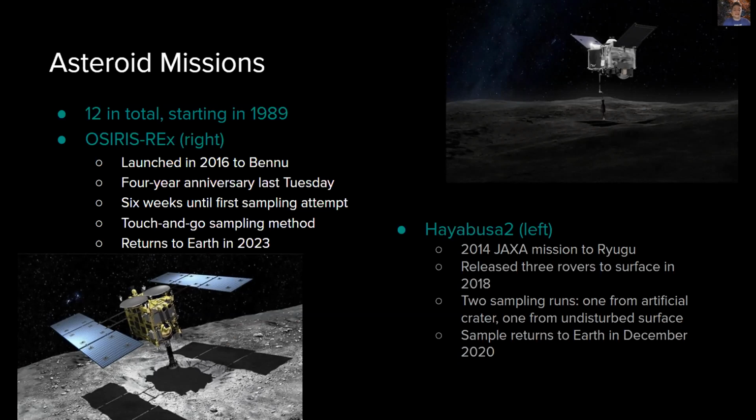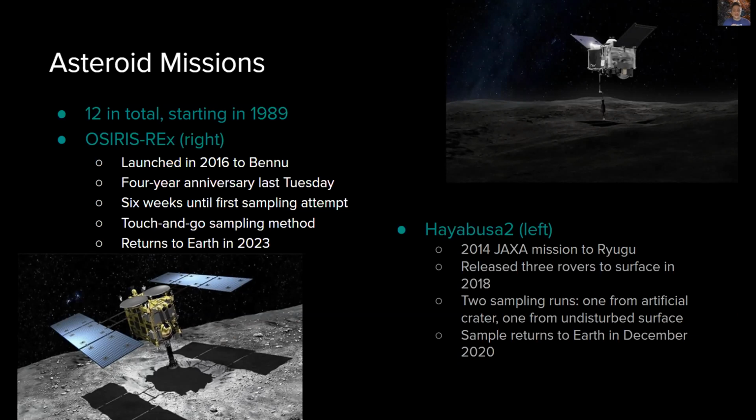Super cool, super exciting. And then on the left here, we have the next most recent, Hayabusa 2. It is a JAXA mission, so the Japanese Space Agency, that launched in 2014, and it's going to the asteroid Ryugu. And it is sort of this really extensive project, which is really amazing. It released 3 rovers to the surface in 2018 that are doing lots of awesome science. It's going to do 2 sampling runs, and one of them is from an artificial crater that it created.